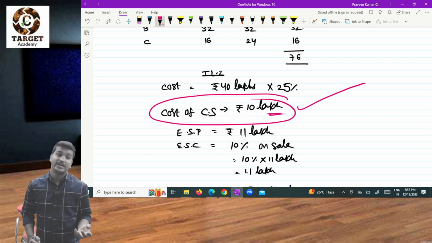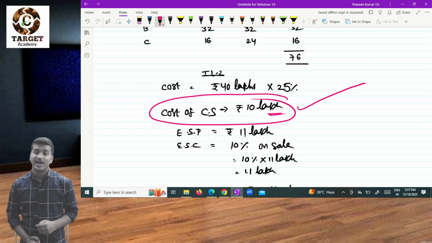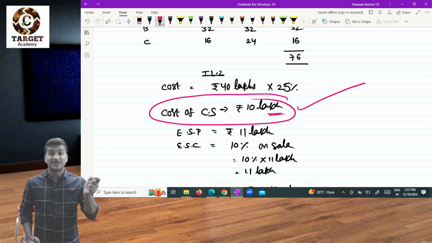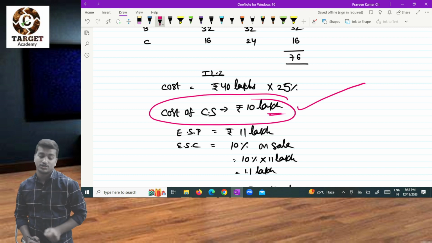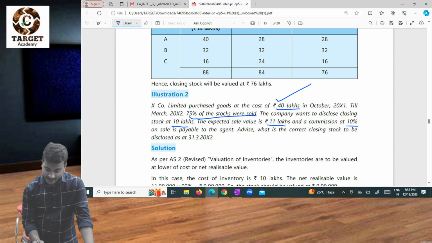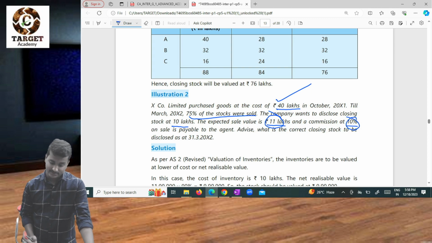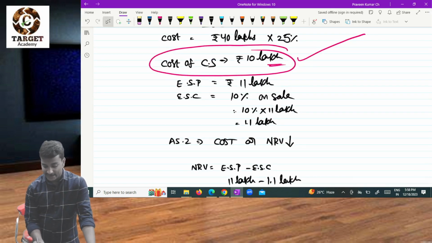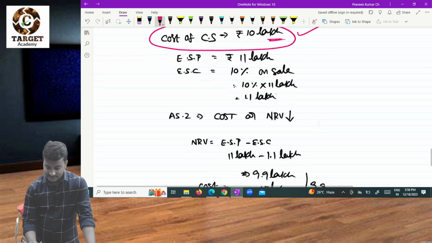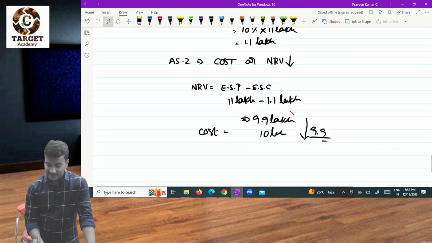Sir, how to find out NRV? Sir, I told you the formula, right? NRV equals expected selling price minus expected cost of completion minus expected selling cost. So here expected selling value is 11 lakhs and there is a commission of 10%. So 11 lakh minus 10% means your NRV is 9.9 lakh.